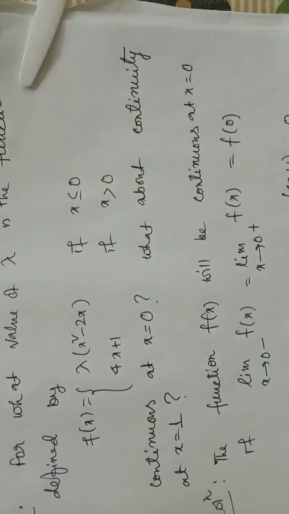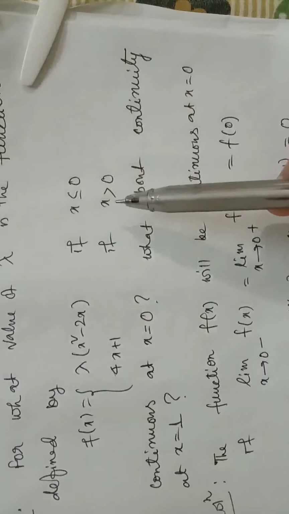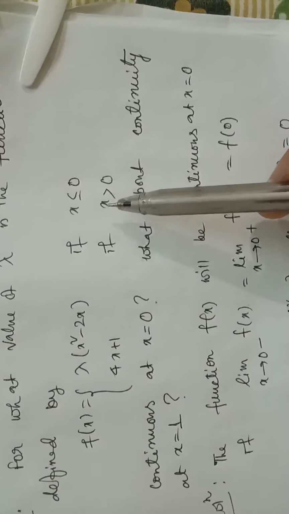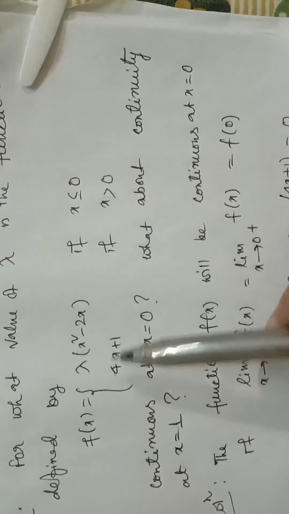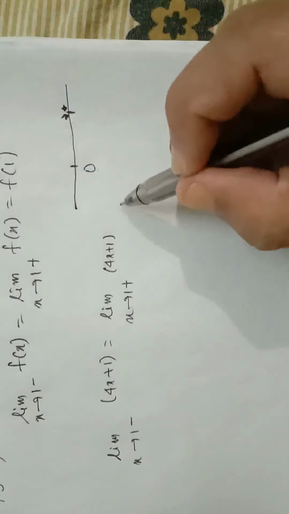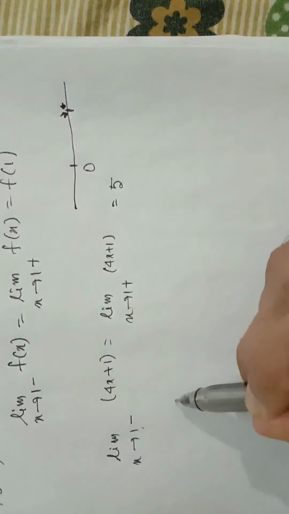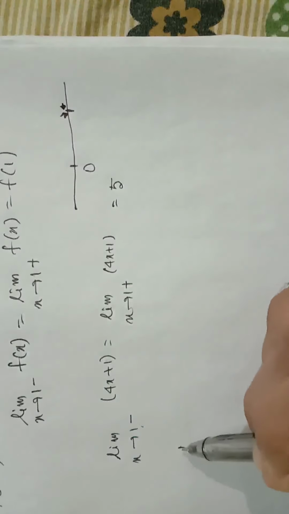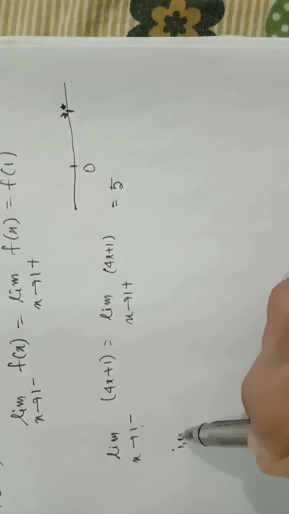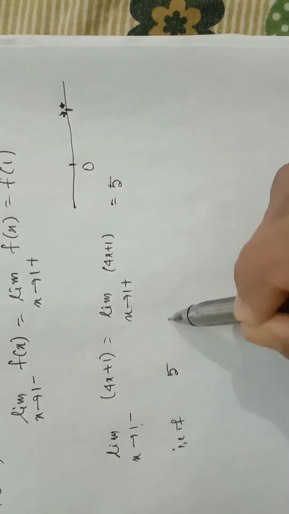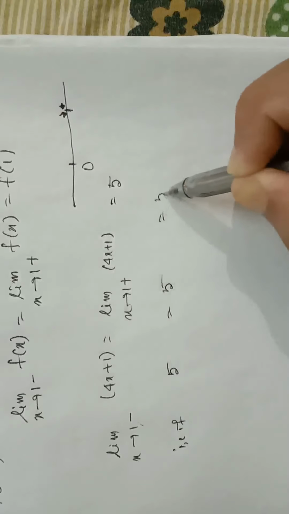And what is f of 1? Since 1 is clearly greater than 0, f of 1 will be 4 into 1 plus 1, so f of 1 is equal to 5. Putting x equal to 1 here, it will be 5.